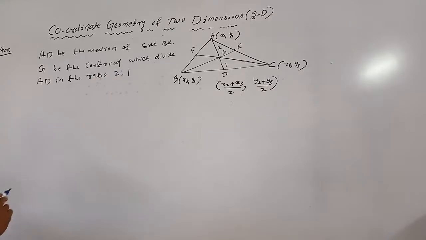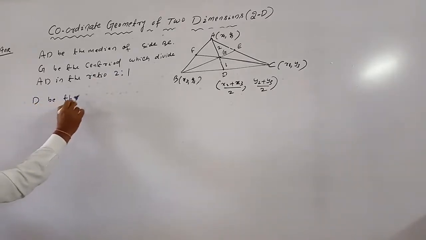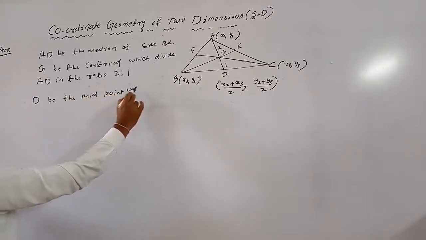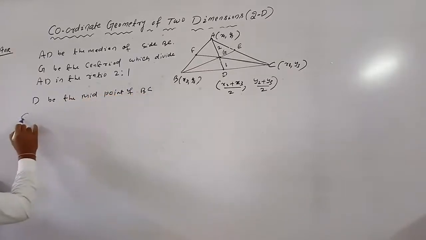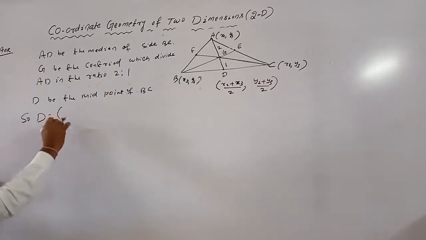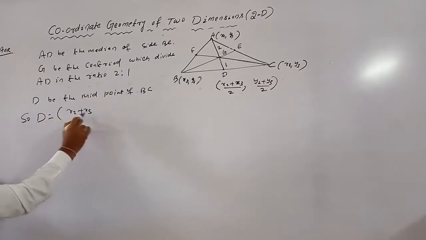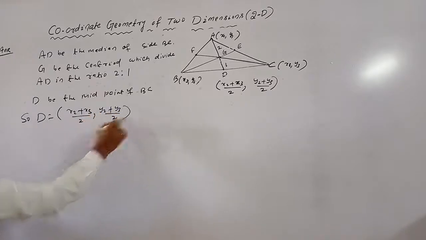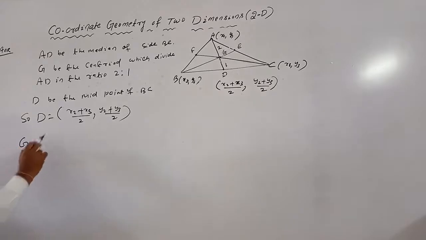D is the midpoint of BC, so D equals (x2 plus x3) by 2, (y2 plus y3) by 2. So G divides in the ratio 2:1.